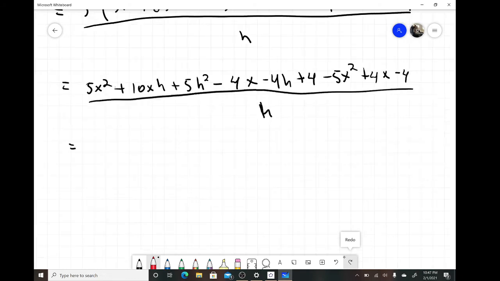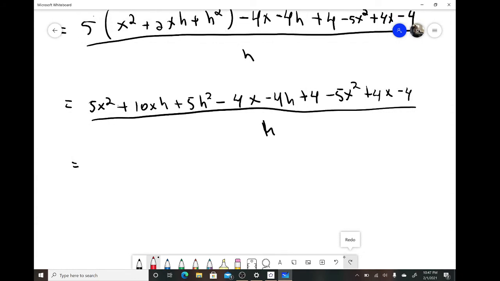So now we come down to the best part of the problem: canceling out like terms. A lot of cancellation will happen right now. So this is where you have to be careful. I have a 5x squared. That's going to cancel out with a minus 5x squared. I have a negative 4x and I have a plus 4x, so they cancel out.